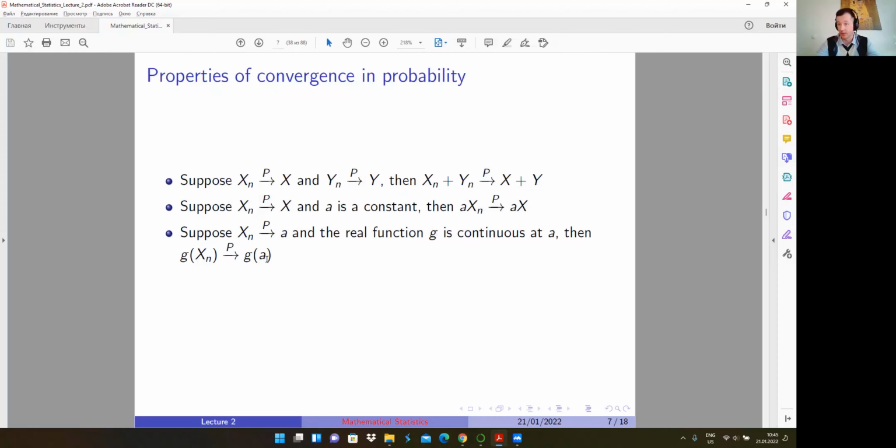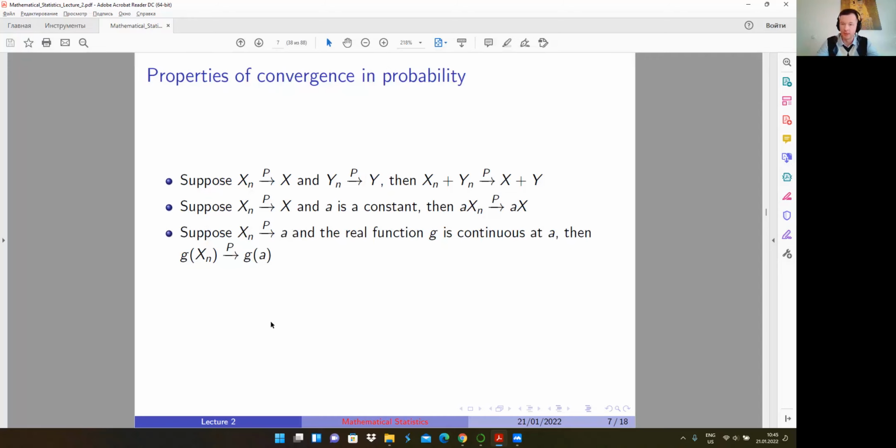So for example, if we have a sample mean and the sample mean converges to the population mean, then the sample mean squared will converge to the population mean squared, which gives us a chance to prove that all the sample moments, second, third, fourth moment, converge in probability to the population moments.